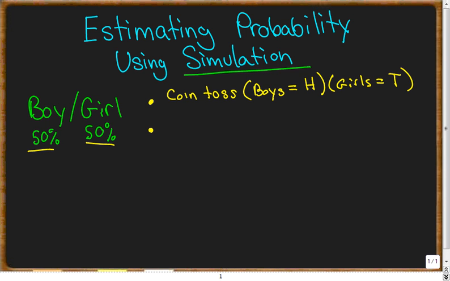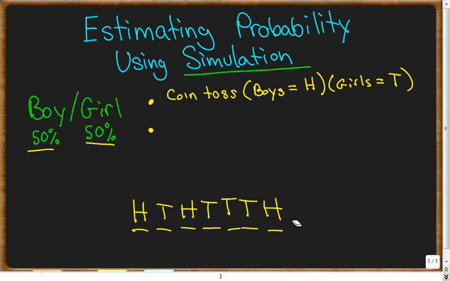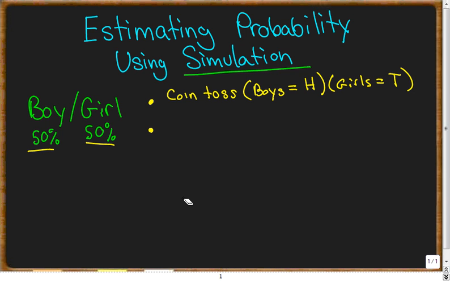You could flip a coin repeatedly, and you might end up with heads, tails, tails, tails, heads, some sort of sequence that would say boy, girl, girl, girl, boy. That's just a way to simulate an experiment over a period of time.